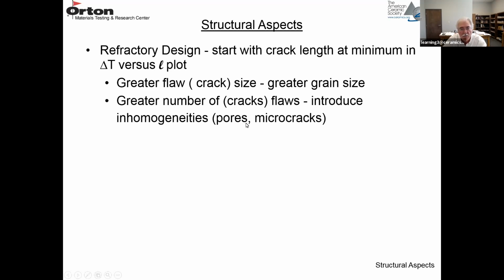I mentioned that most refractories that are just a sintered refractory are going to have 10 to 20 percent porosity, and they're microcracked. So by controlling the grain size and the number of grains, the grain size distribution, you can control the flaw size and the number of flaws.